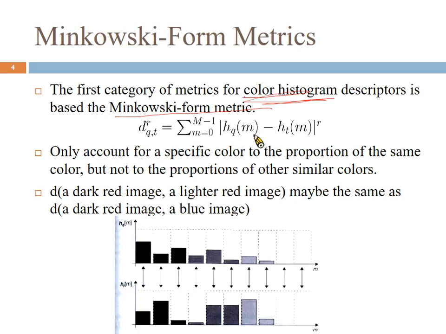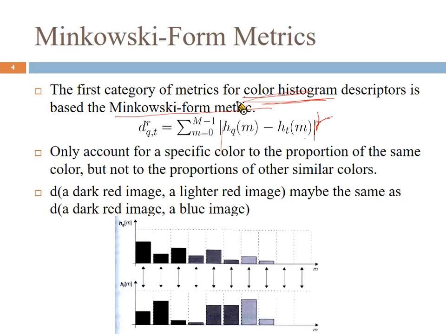We calculate the difference bin by bin. So for the mth bin, HQm minus HTm, we take the absolute value and raise it to the power r. And then we sum all the differences.